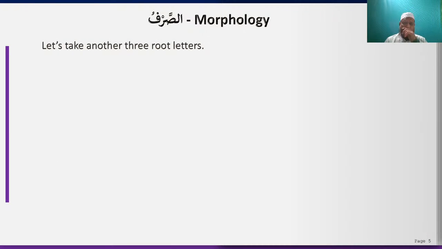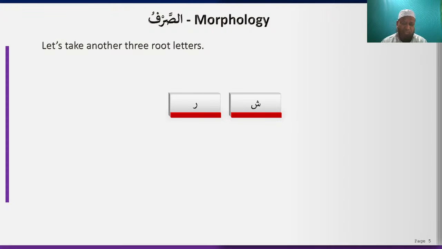Let's take some root letters of الفعل اللازم. Okay, this is the same example. The first letter is called the فاء الكلمة. So let's go through this again. Shin, Ra, Ba: three root letters.